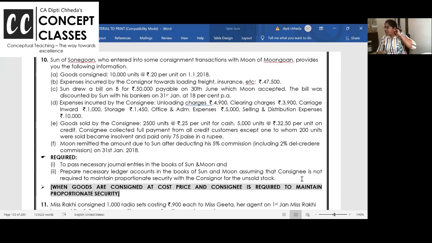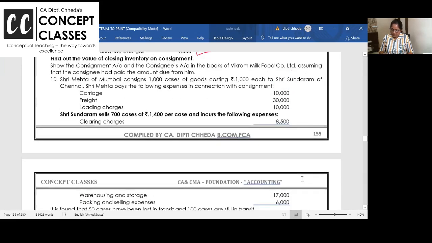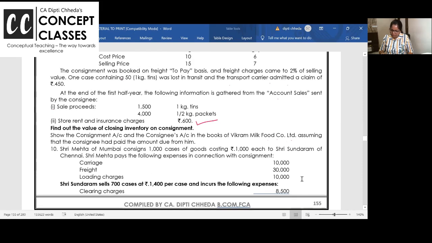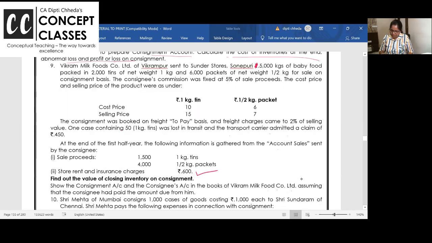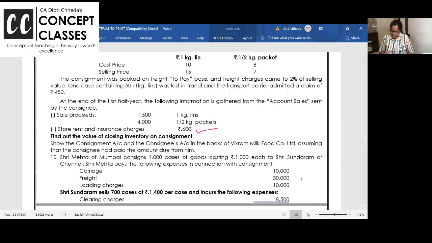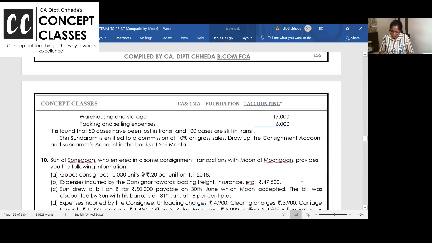Only 1 or 2 entries will change and then trading account we'll do tomorrow. 10th problem we are doing now. Okay, 1 minute before we do the 10th problem. The numbering went wrong.